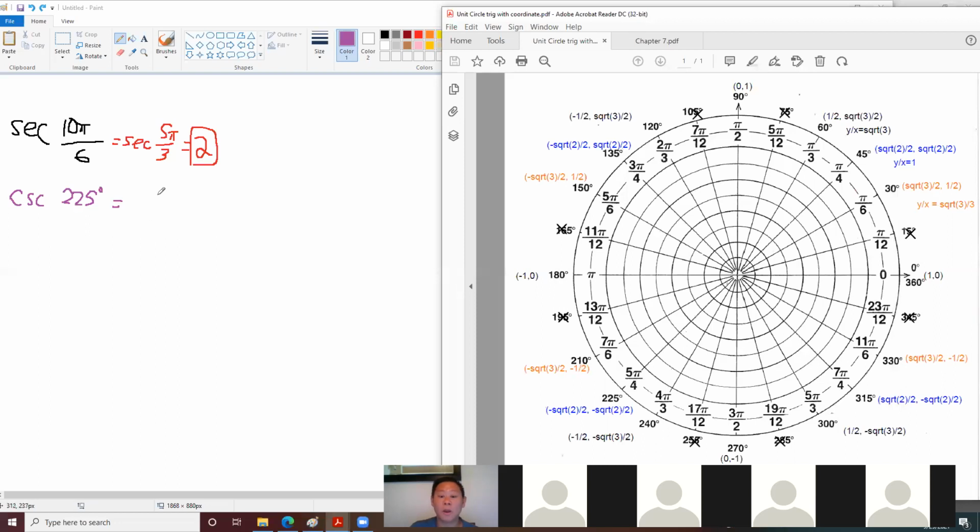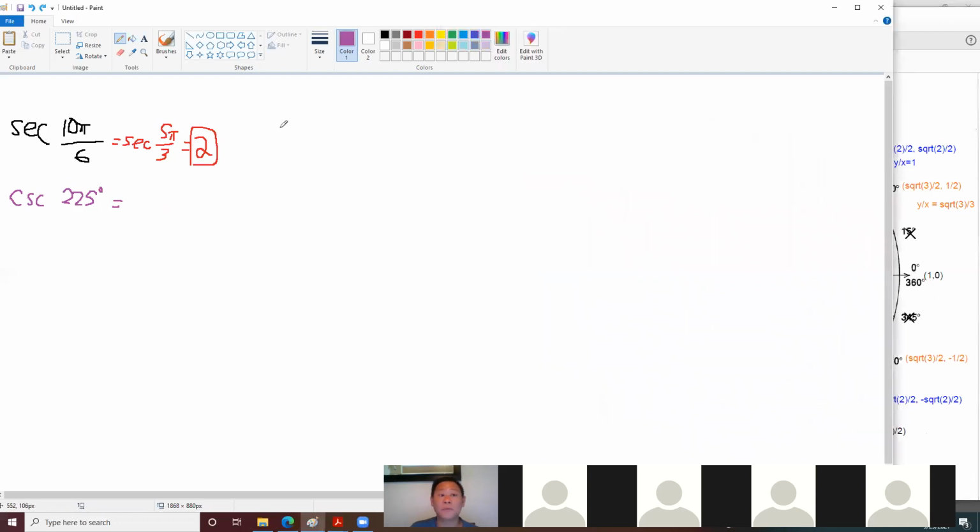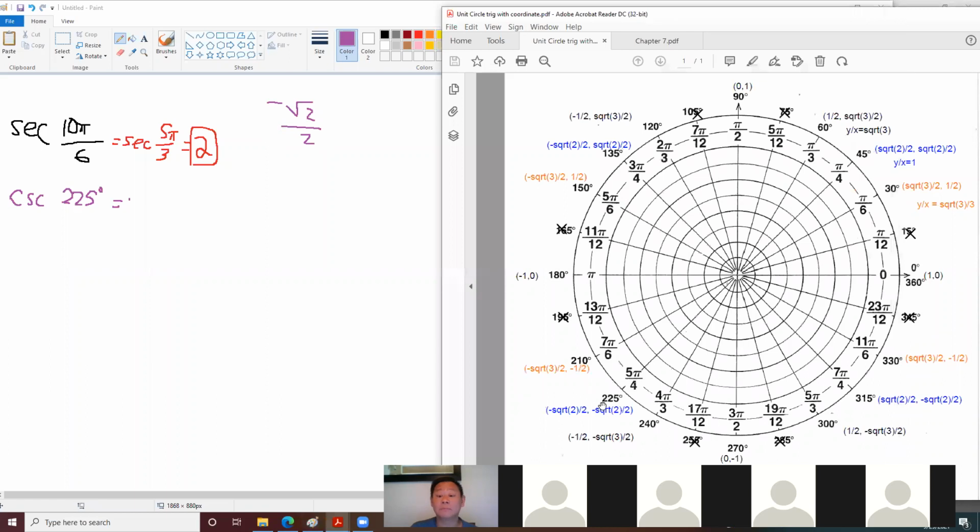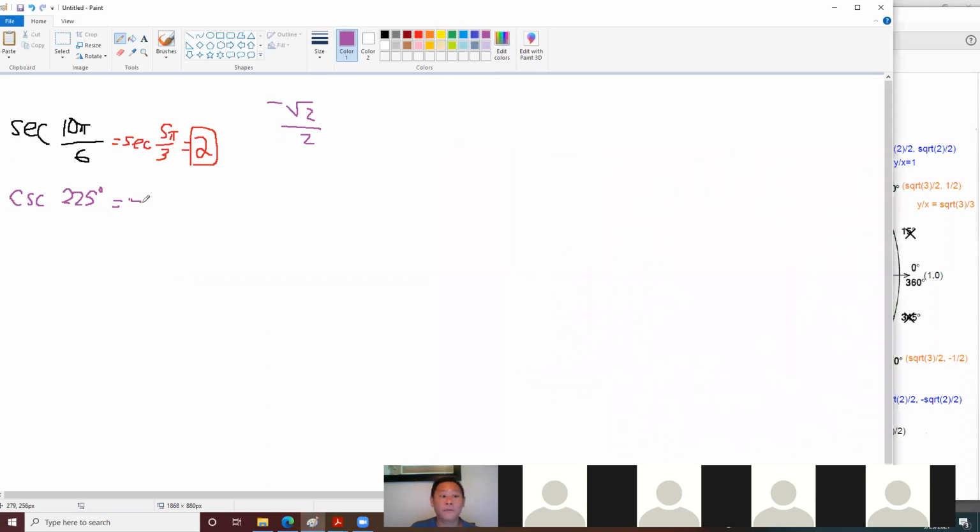So it should be negative √2 over 2. But that is for sine, right? So you have to flip it. You are correct. So what is the flip of this? Negative. Flip means still negative. 2 over √2, right?